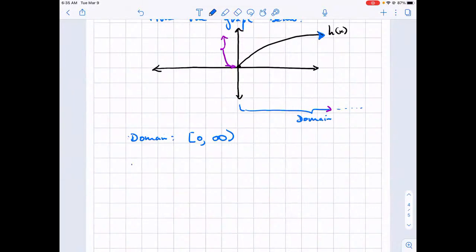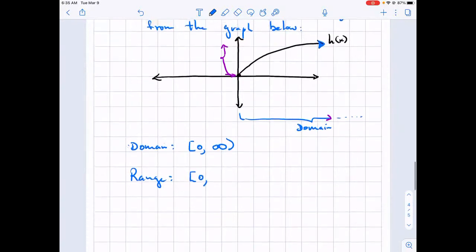Okay. On the other hand, the range, once again, if you take 0 and you plug it into that function, well, that's a solid dot anyway. You will get 0. And also, as this graph goes out this way, it's also traveling up. So this is also infinity.